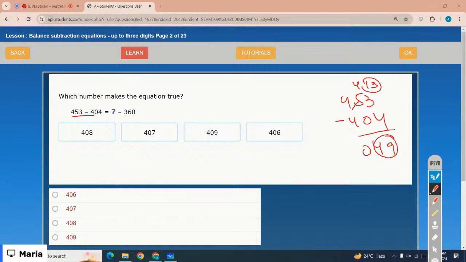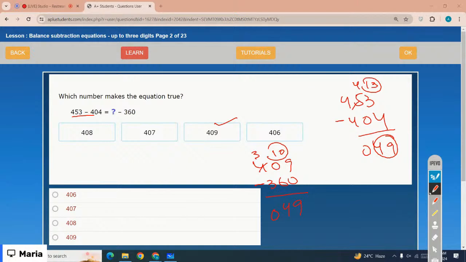Which number is it? It must be 409. Let's just subtract. 409 minus 360. 9 take away 0 is 9. You need to borrow 1. That makes 10 here. 10 take away 6 is 4. And 3 take away 3 is 0. Look, the correct option is 409.